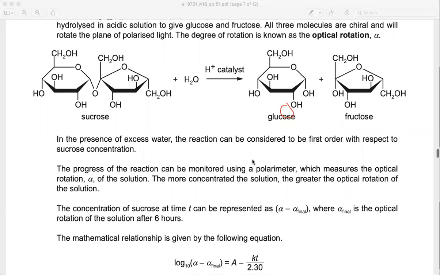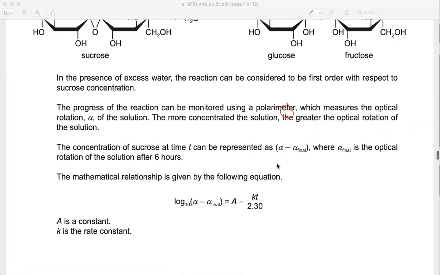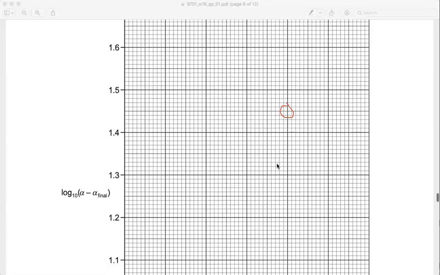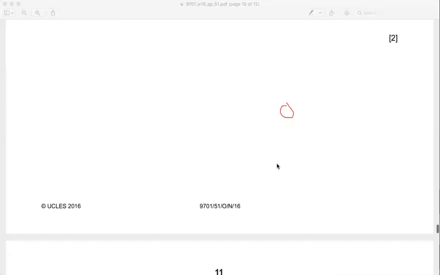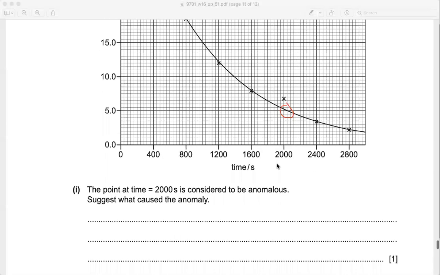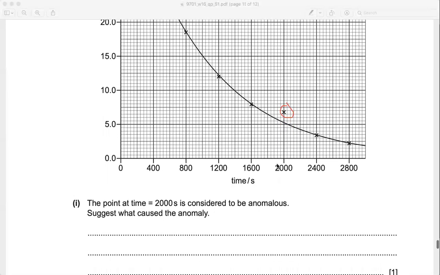The reaction is monitored using a polarimeter. So a polarimeter is a machine, okay? So it's a computer. So you would expect a computer to be great at reading concentration. Okay, so the only reason we can use to explain why the concentration is higher than that at that particular time could be an error on our part. Okay, so what is a possible error on our part?